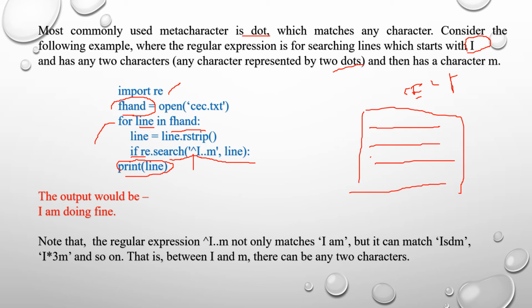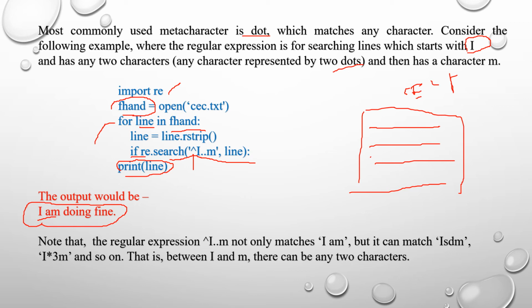The line content is "I am doing fine". This is the third line content. Here my pattern is I, two dots, am. So the pattern is matching, and that's why the Python interpreter prints the third line.